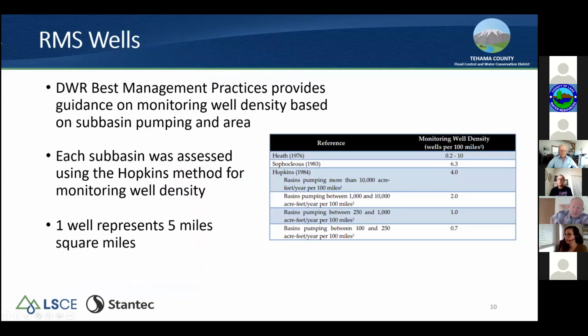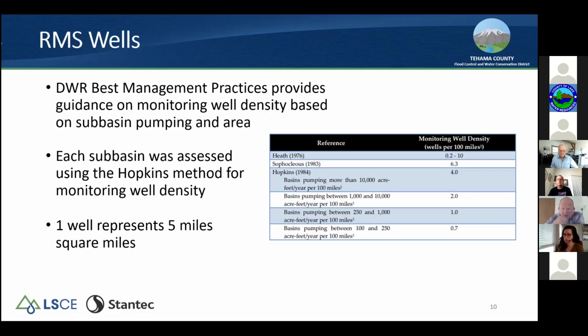So I'm going to keep plugging ahead here. When making decisions on how many wells need to be included in the RMS network, there are some guidance documents out there. This is a table from one of the BMPs that I referenced earlier, I think in the second slide. There's a lot of information, but essentially these are recommendations based on the size of the basin or subbasin, and on how much pumping is occurring within the basin or subbasin.